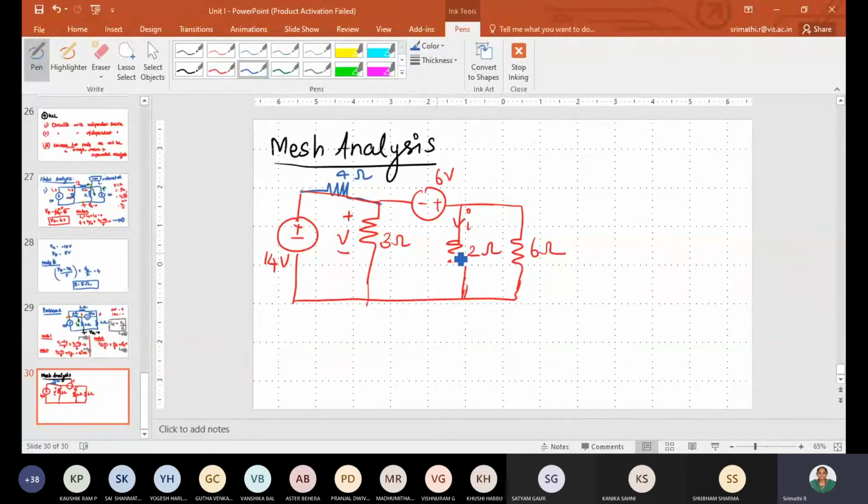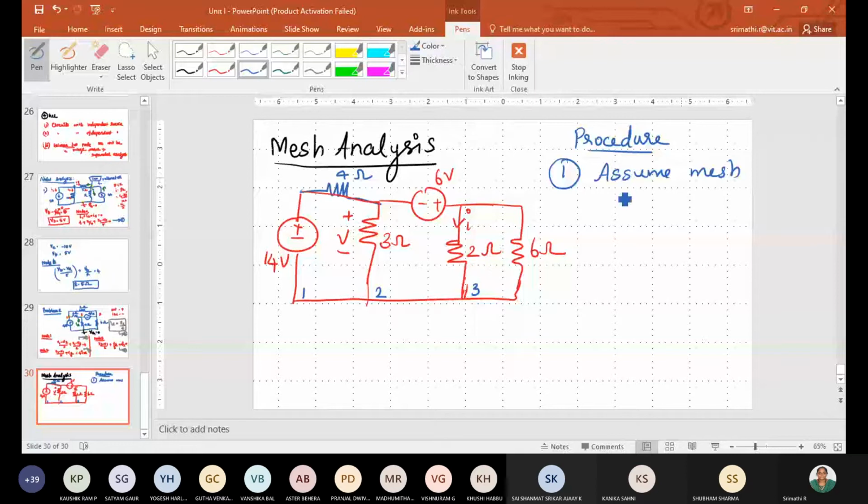How many meshes do we have here? 3. So this is 1, this is 2, and this is 3. Okay. So the procedure for mesh analysis is: the first thing is to assume a mesh current in each mesh.